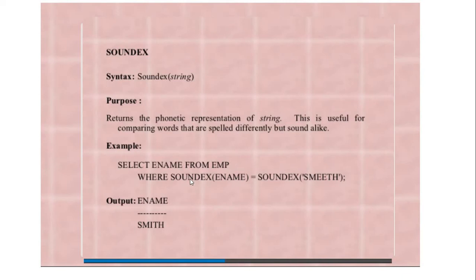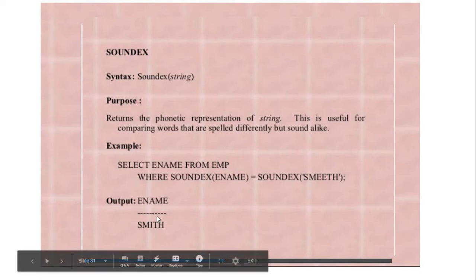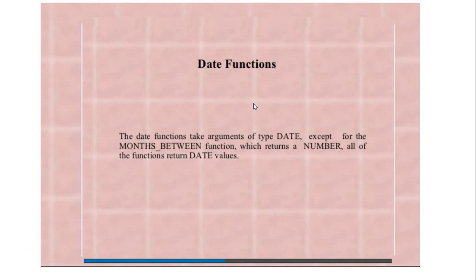So the soundex function will find this occurrence in this column, that is ename, and will find its equivalent phonetic representation, and where this phonetic representation is matching, that will be given as output.